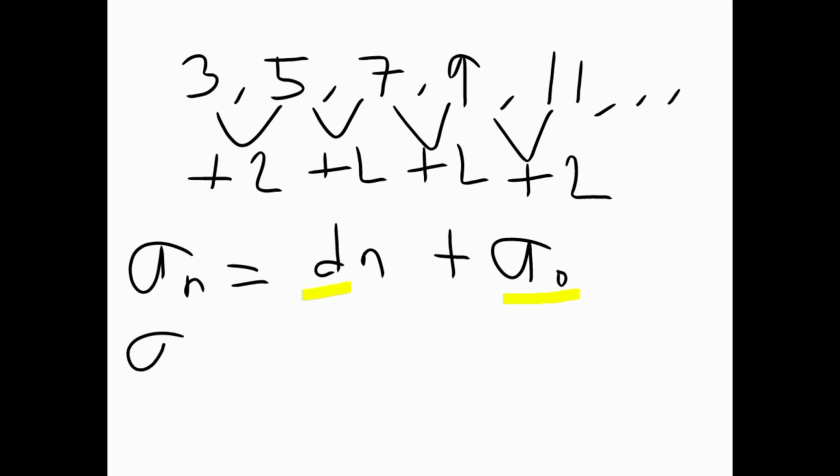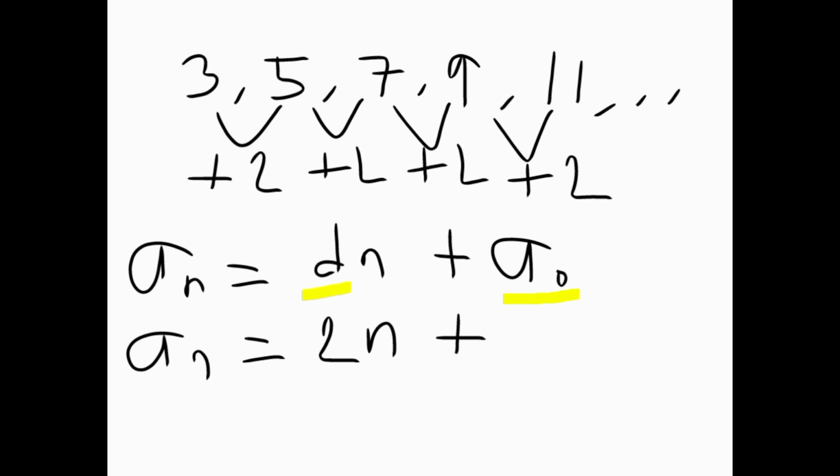So we're going to have a sub n is equal to, now the common difference in our example is 2. So we're going to substitute d by 2. So we'll have 2, then you just write n plus. Okay, so let's focus here on the zero term.